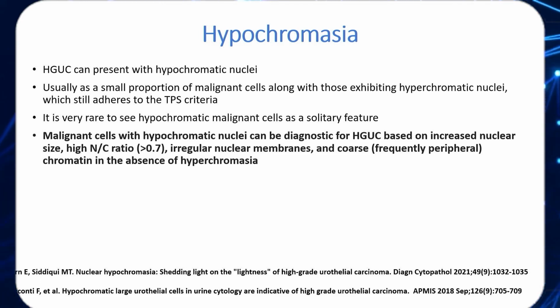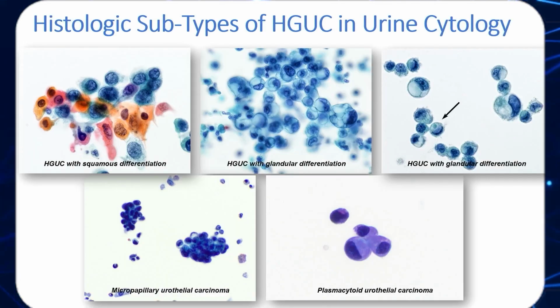When you have it even as a predominant cytologic appearance in your sample, you should still look in the background for a few hyperchromatic cells. By and large, you are going to find them, and then you apply your criteria and render a diagnosis of high-grade urothelial carcinoma. So that is how I would make that call.